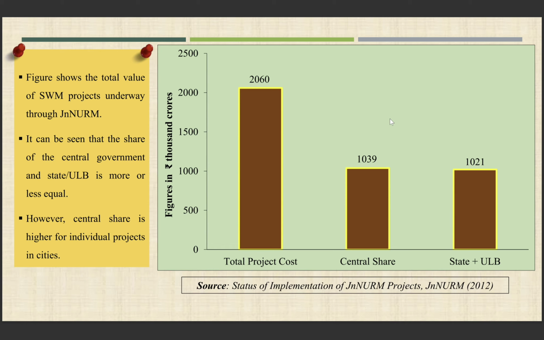This figure shows the total value of solid waste management projects underway through JNNURM. This is the total project cost, and we can see that the central share is nearly half, and state plus urban local bodies is nearly half. So the share of the central government is nearly equal to that of the state or urban local bodies.